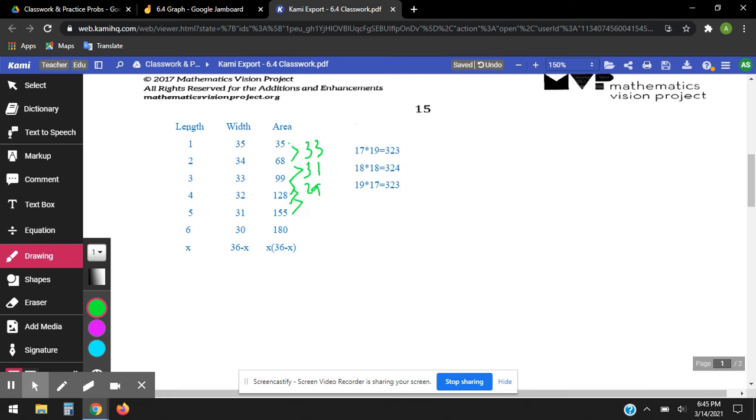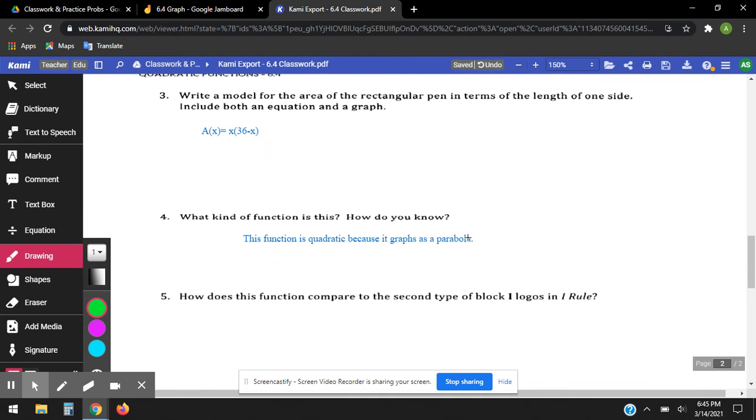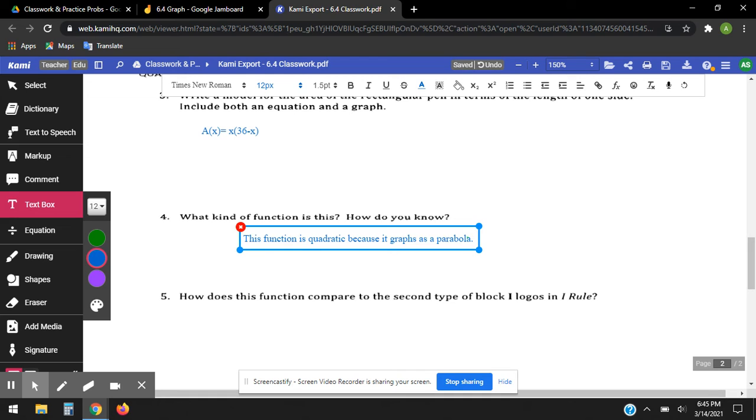Notice how when I'm doing these, 155 minus 128 is 27. My second difference is a minus 2 on here. So it's a parabola, and the second difference is constant. All right.